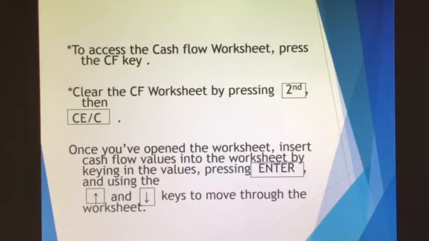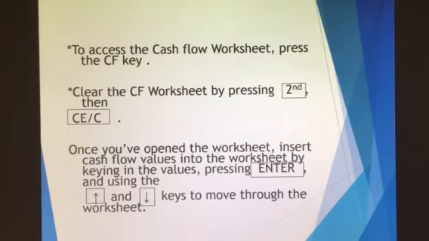Now, in order to solve this problem, we have to access the cash flow worksheet that is embedded in the calculator. So you will press the CF key near the upper left side of your calculator. Now, there will be times when going from one problem to another, you'll want to clear out the worksheet.